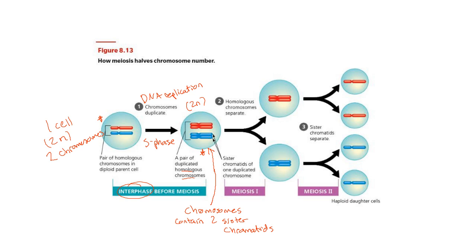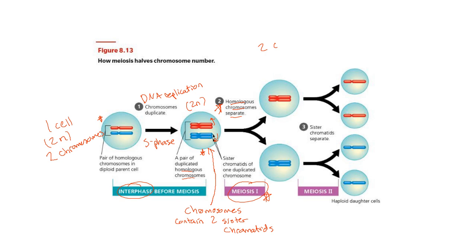Then we go through meiosis one. In meiosis one, again, focus on the chromosomes. Homologous chromosomes are going to separate. So I'm going to go back to this picture over here. In other words, this one's going to go here and this one's going to go to the other side, and that is what happens in meiosis one. Now, how many cells do we have after meiosis one?